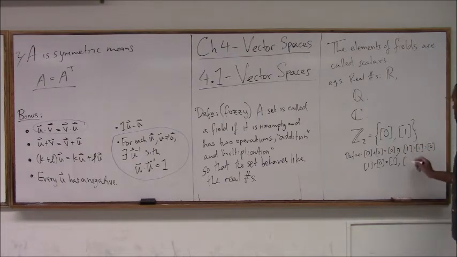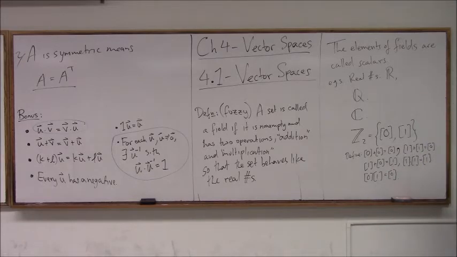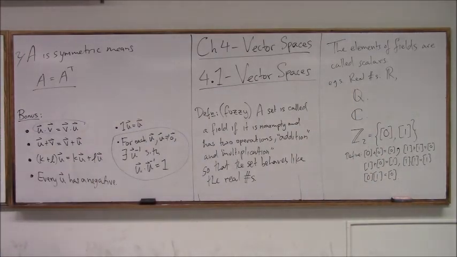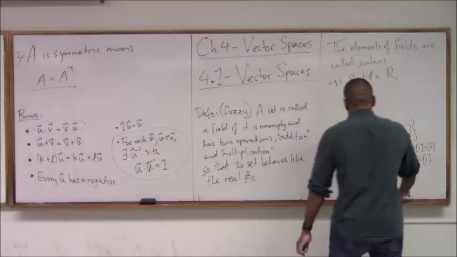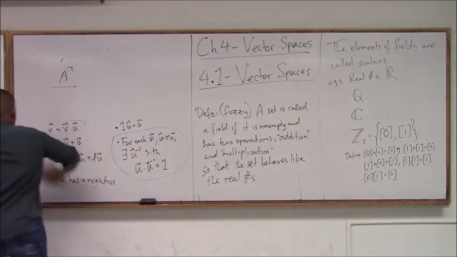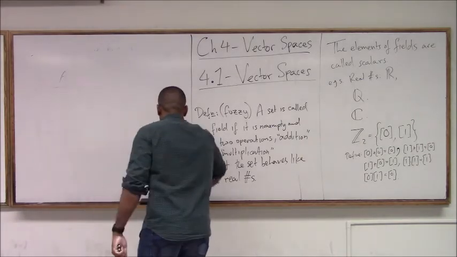And I could define multiplication. 1 times 1 equals 1. 0 times 1 equals 0. So it turns out the set of these two elements with those operations for addition and multiplication will satisfy all the axioms of the real numbers. There's a notion of division in such a set, and so on and so forth. Fields aren't the important thing. If you want to study fields, you would do that in abstract algebra, but they are where we get our so-called scalars from.